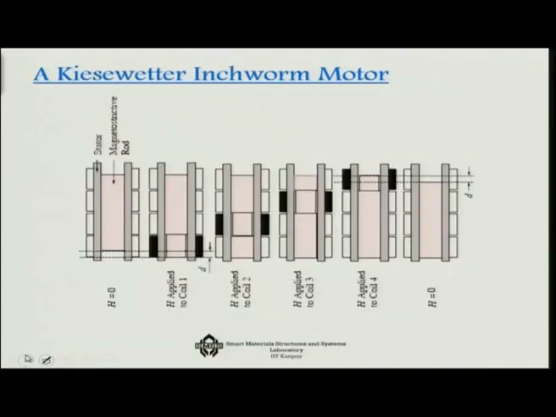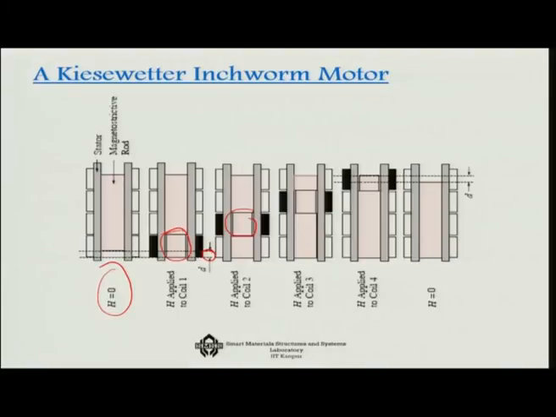There is another interesting way in which you can use it. It is called an inchworm motor, like the Kiesewetter inchworm motor. You can see here that initially there is no magnetic field, then you apply the magnetic field at this level, and then you do it here. When you apply it here, you get a deformation.